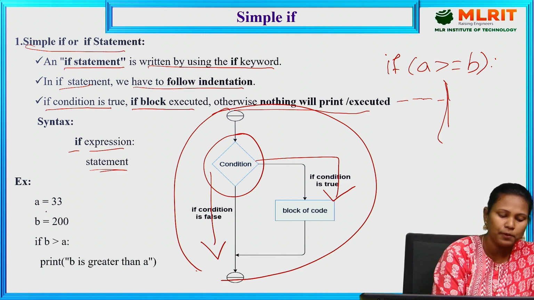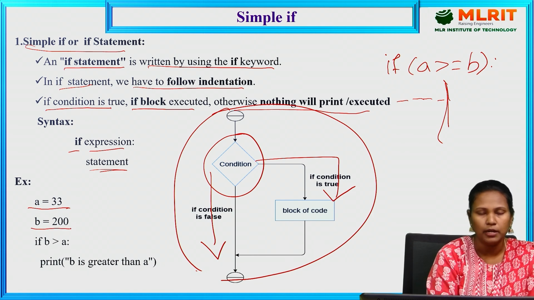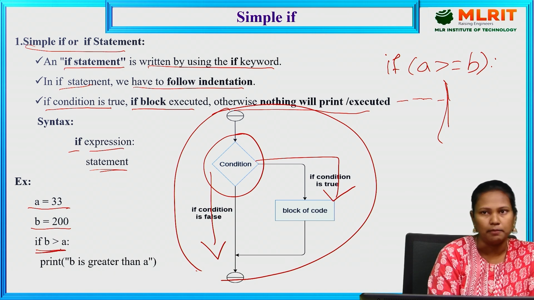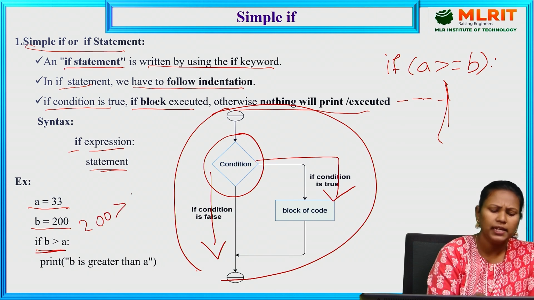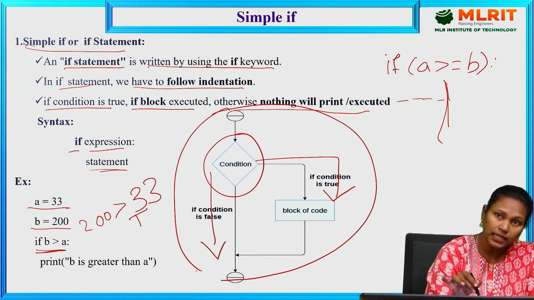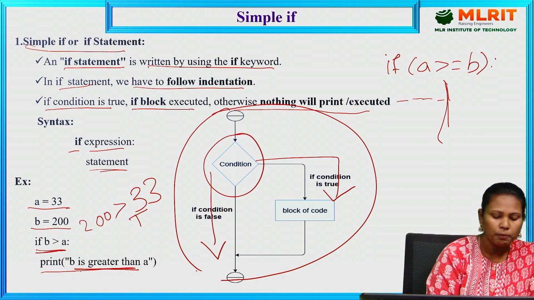See one example: A equal to 33 and B equal to 200. Now I am comparing the A value and B value. If B greater than A, comparing B with A, 200 greater than 33, yes, the condition is true. Means if the condition is true, it executes this statement.